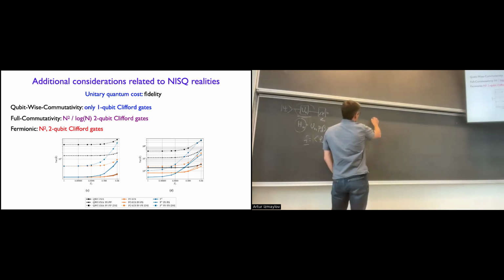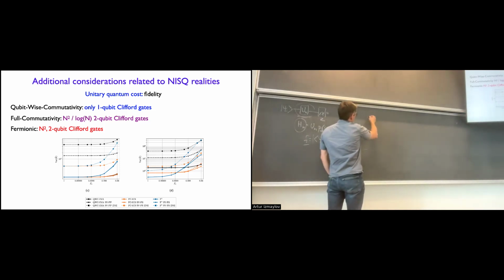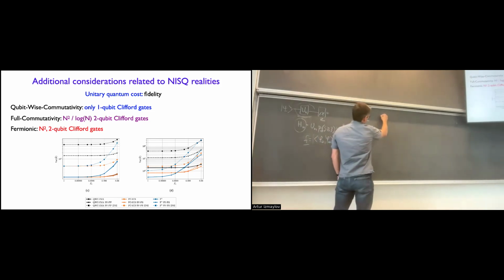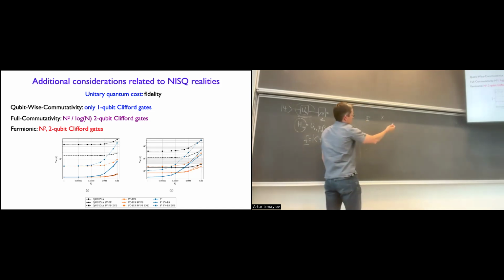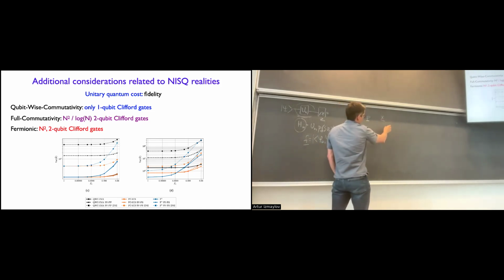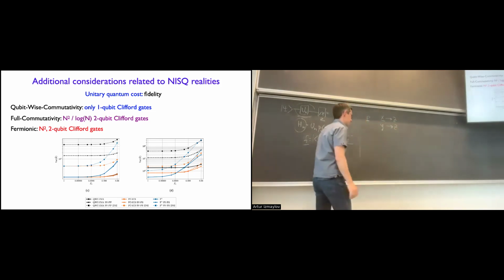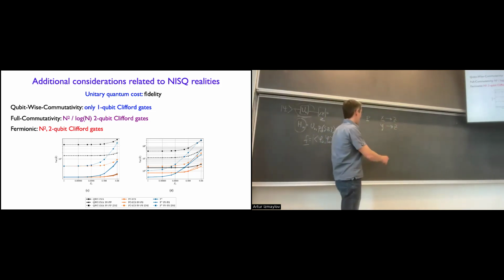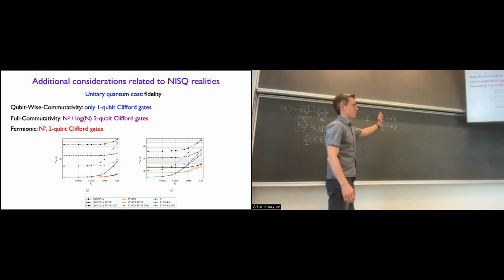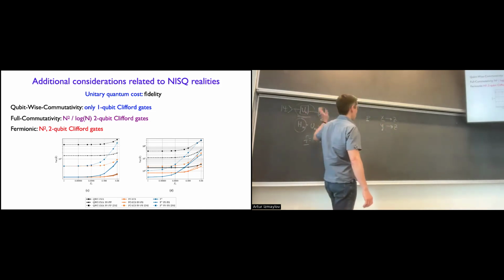Namely, if you need to measure a particular Pauli, which is a product of X, Y, Z, then the problem is transforming X to Z or Y to Z, because if in the Pauli we have Z or identity, then we can measure without doing any extra work.